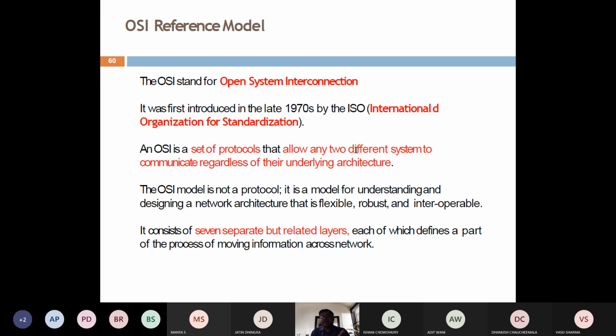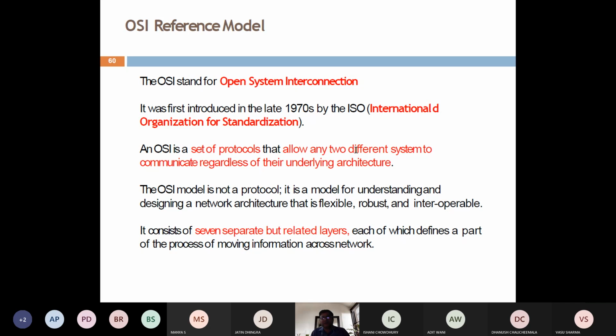And in each layer, what is there? Why are we going for that layering concept? We are going for layers because in each layer we have a set of protocols. Whenever we are working with computer networks, we are mostly working with protocols. I may have 1000 protocols, 2000 protocols, whatever the number.